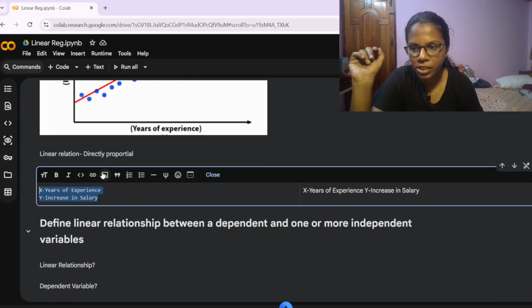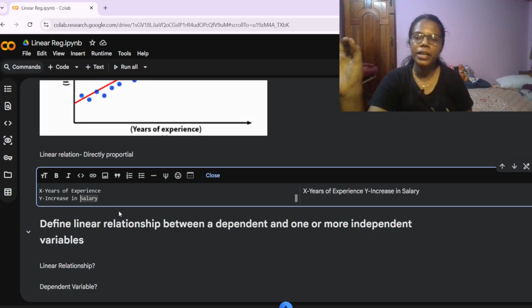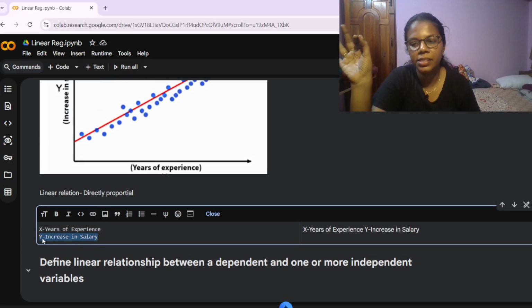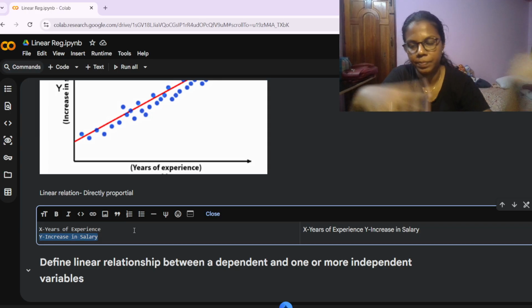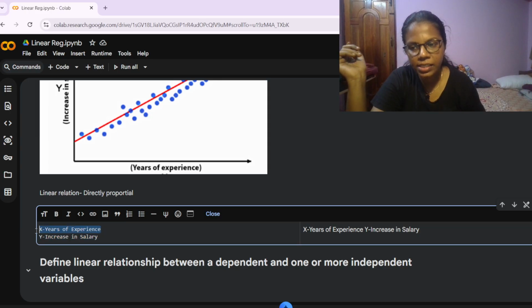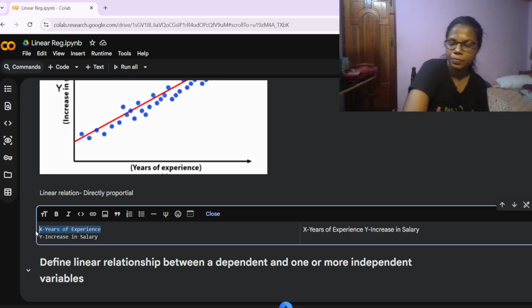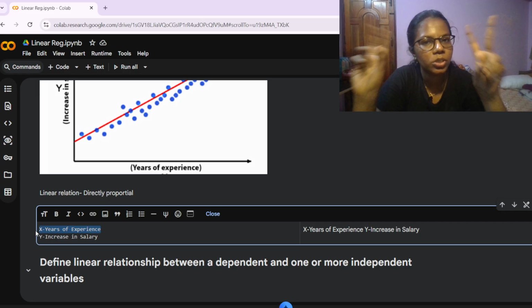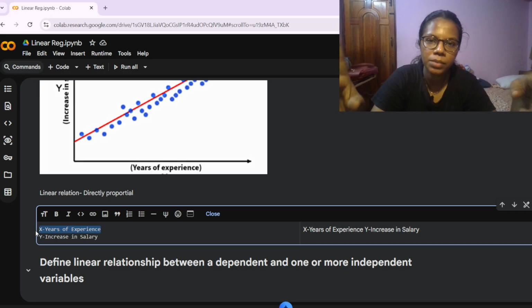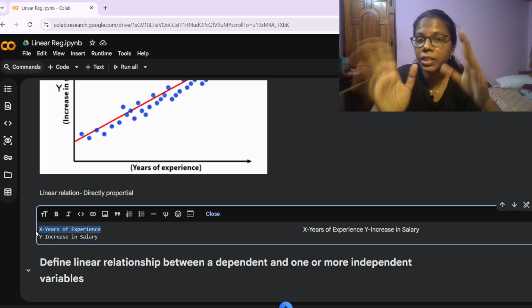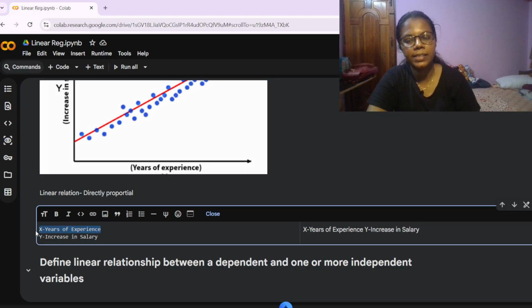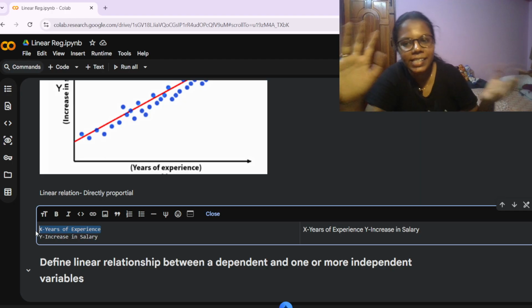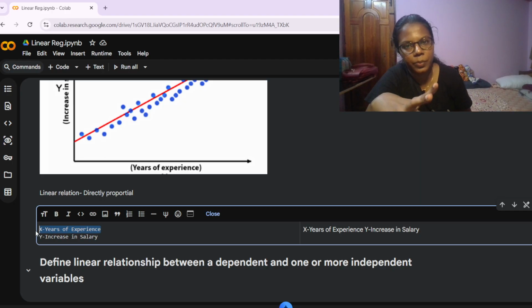Now, in this chart specifically, what I am plotting in the y-axis is something that I am going to predict. What I am plotting in the x-axis is something that I already have as a value. If I am going to train one of my machine learning models with just two columns, one column is something that I need to predict and one column is something that I'll have values for. In this, which value could I predict? The salary I could predict based on years of experience.